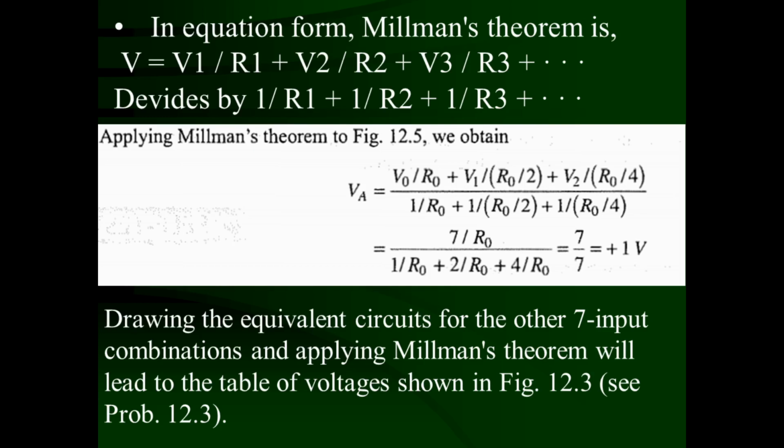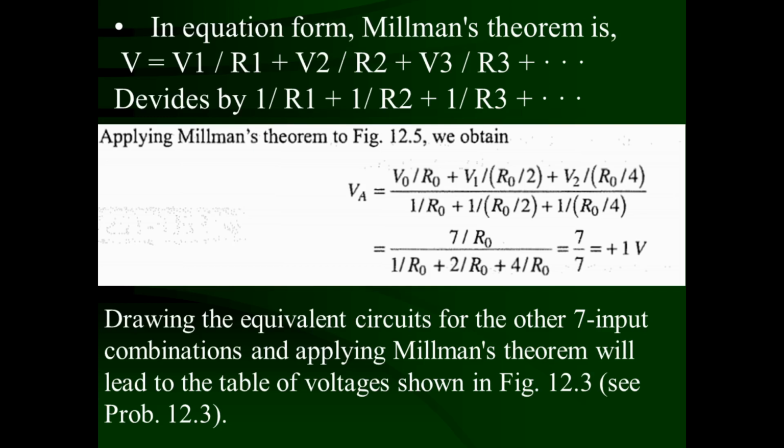That is equal to 1 upon R0 plus 1 upon R0 by 2 plus 1 upon R0 by 4, that is 1 upon R0 plus 2 upon R0 plus 4 upon R0. R0 is common and will cancel out in numerator and denominator. That means it is equal to 7 upon 7, that is equal to plus 1 volt.